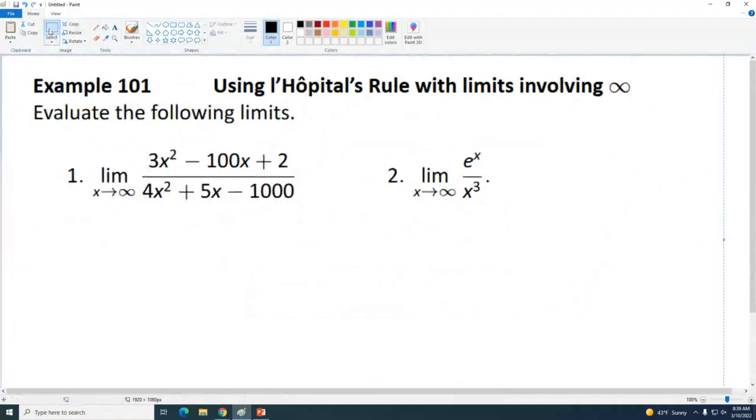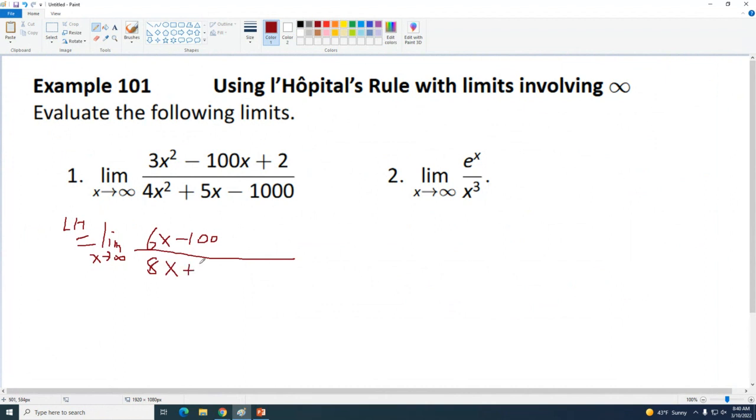Alright, so let's look at these two questions. The first question, using L'Hopital: we know the numerator and denominator both approach infinity as x goes to infinity, so we can do L'Hopital. We find the derivative of the numerator, which is 6x minus 100, and the derivative of the denominator, which is 8x plus 5.